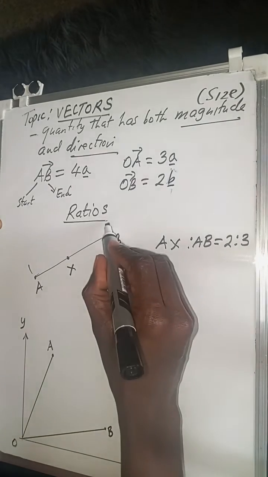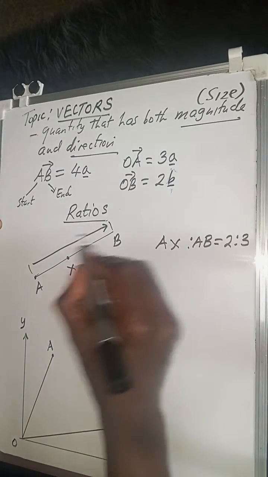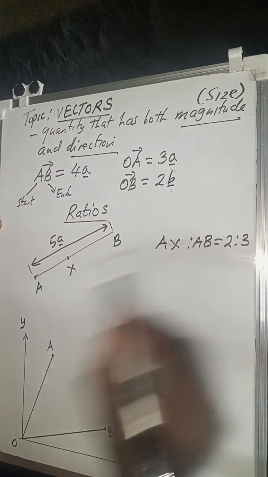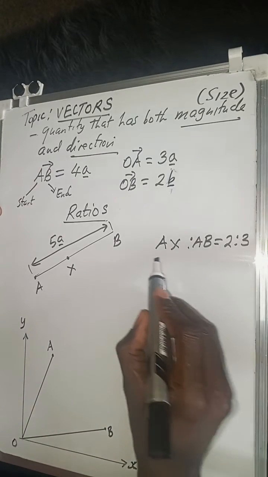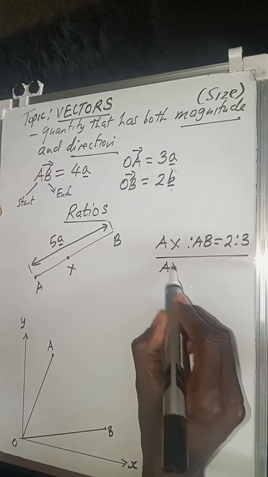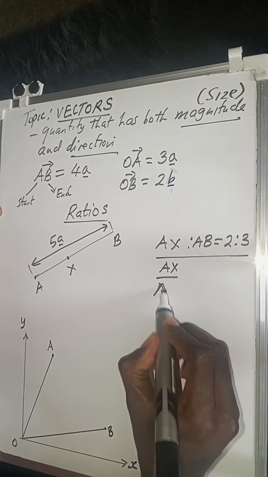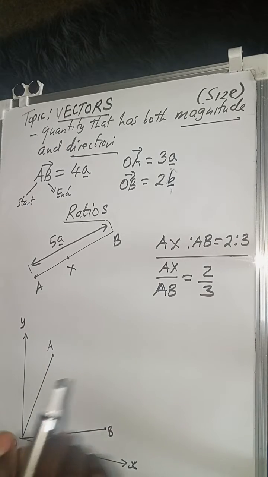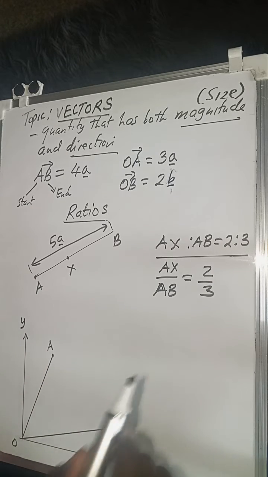And I still tell you that the magnitude of this entire vector is simply 5 vector A. How can you deal with that ratio? Remember what I told you, these ratios can be written as AX over AB, which is equal to 2 to 3. Please pay attention to the vectors when they give you in the exam.